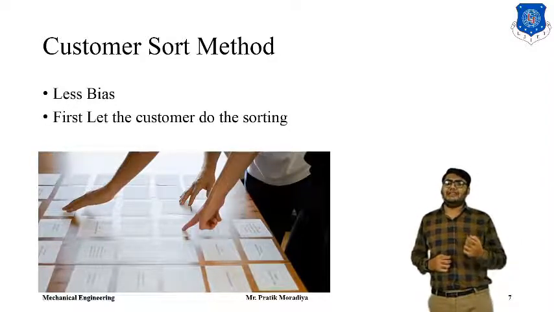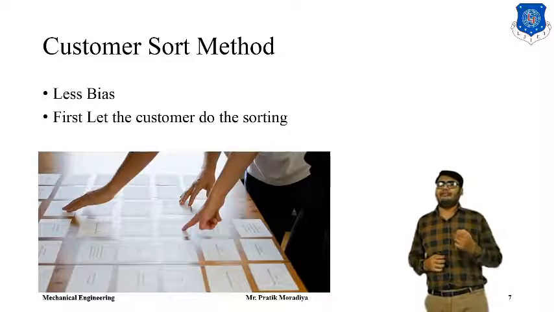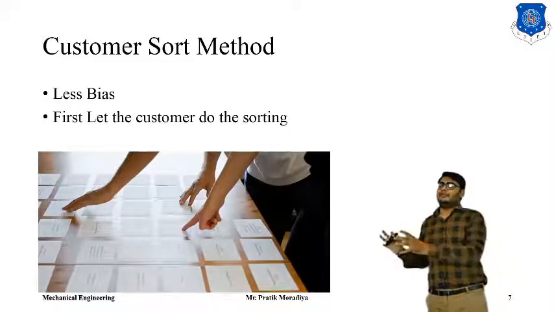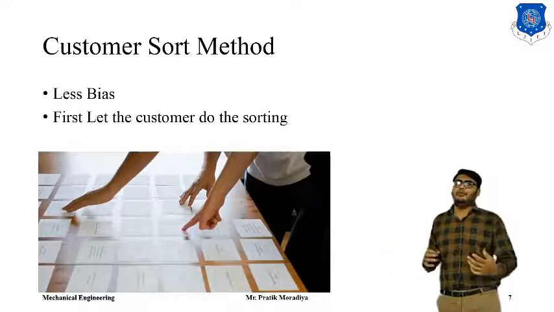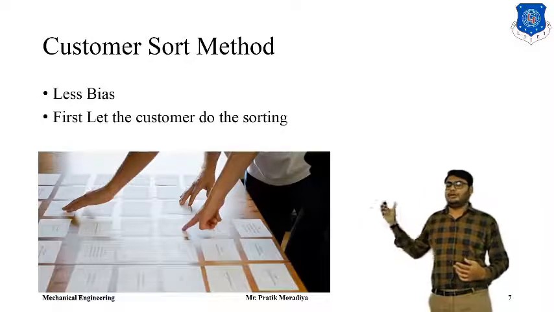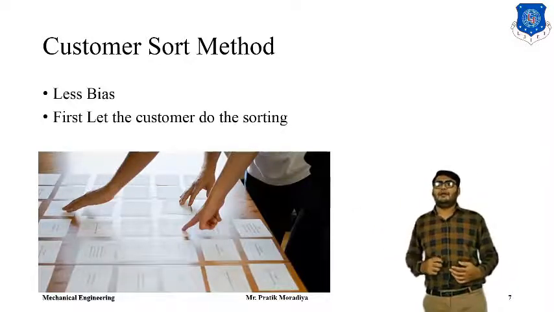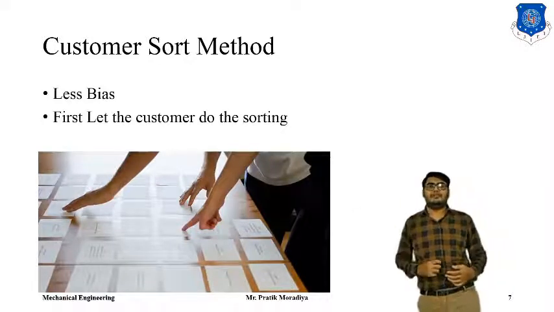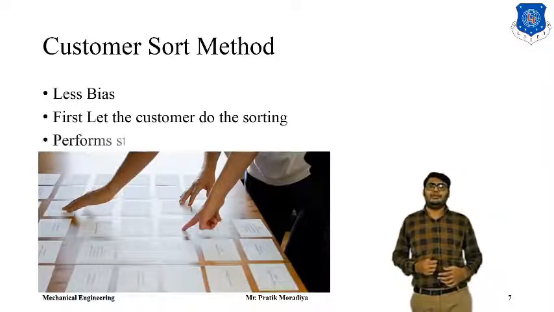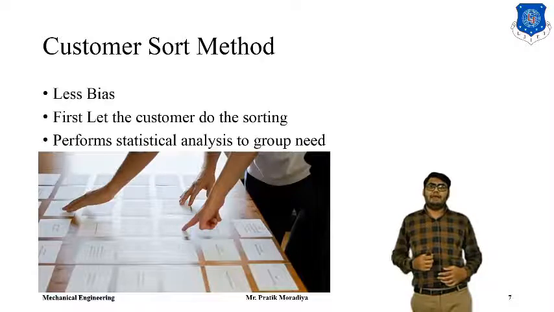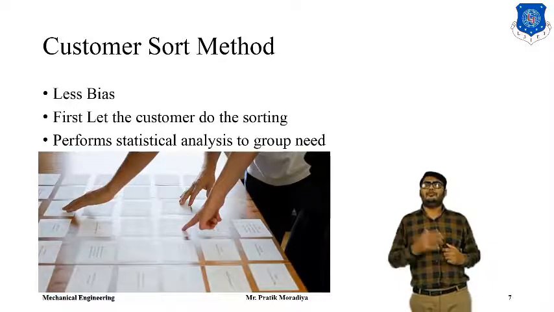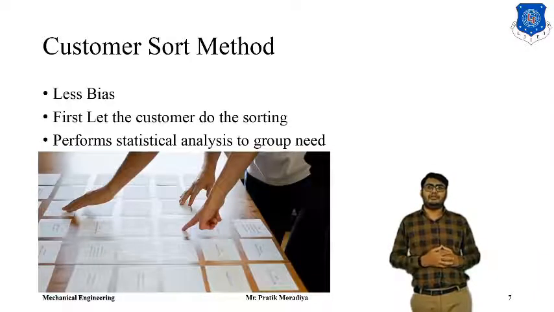There are slight chances that the design team will have some bias towards a particular feature or a particular group, and many needs will be put together in that group for those features only. So that's why the customer sort method is more helpful, and it also follows statistical analysis.